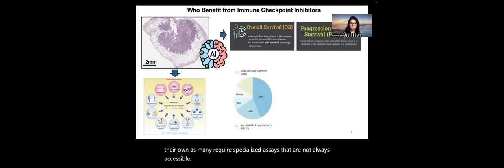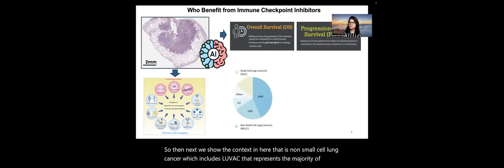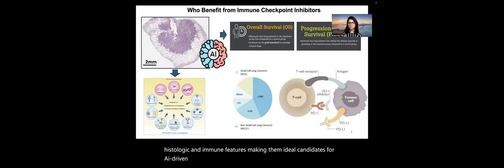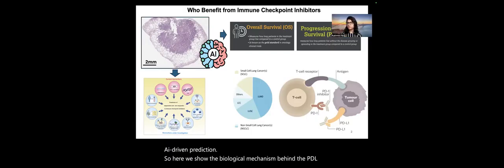Next we show the context here, that is non-small cell lung cancer, which includes LUAD and LUSC, that represents the majority of cases treated with immunotherapy. These subtypes each have distinct histologic and immune features, making them ideal candidates for AI-driven prediction. Here we show the biological mechanism behind the PD-L1 or PD-1 therapy.